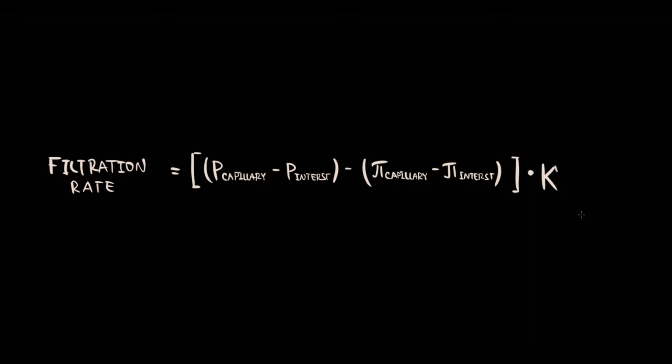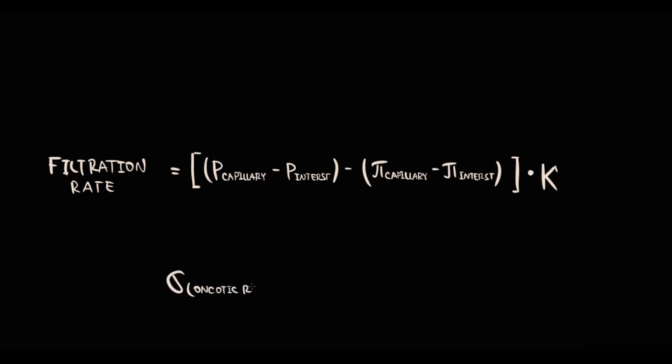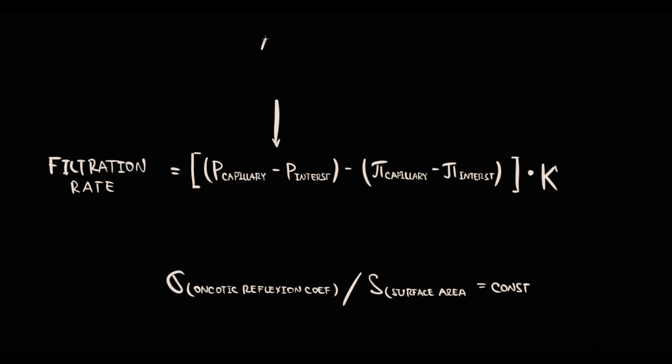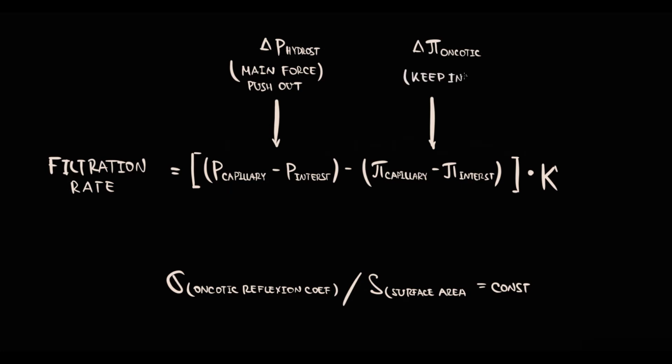It's a simplified version of the equation because values such as the oncotic reflection coefficient and surface area usually are constant, so they are determined mostly by the properties of a particular tissue. First of all, we see that the hydrostatic pressure difference is the main driving force that pushes fluid out of the capillary. The oncotic pressure difference is the force that keeps fluid inside the capillary, and hydraulic conductivity just describes how permeable the membrane is. So by this principle, fluid exchange occurs.